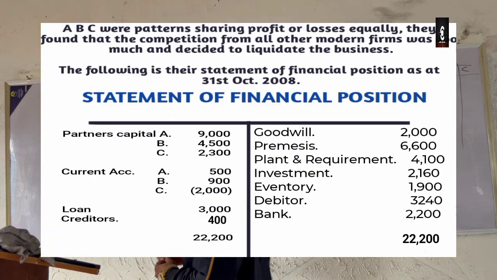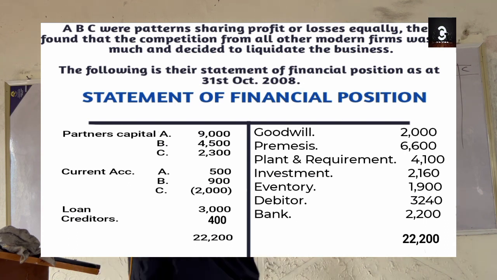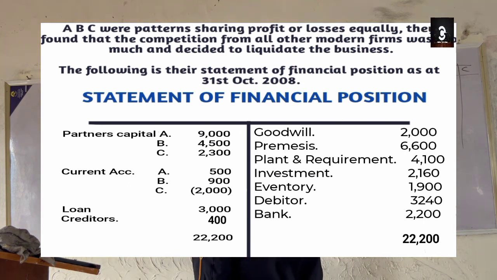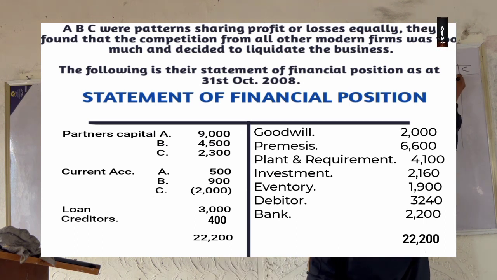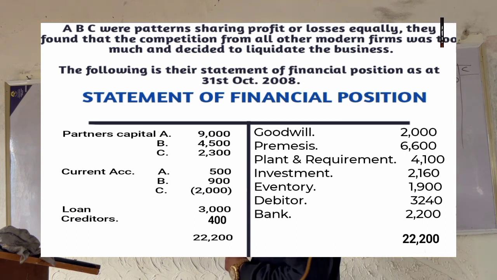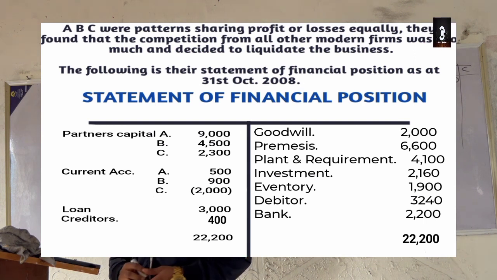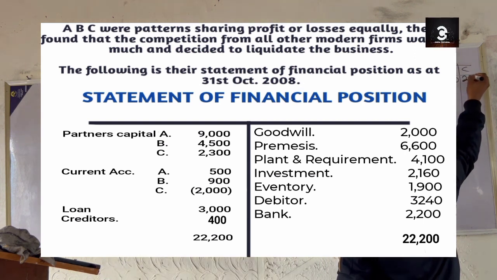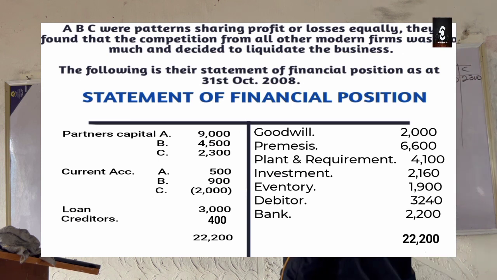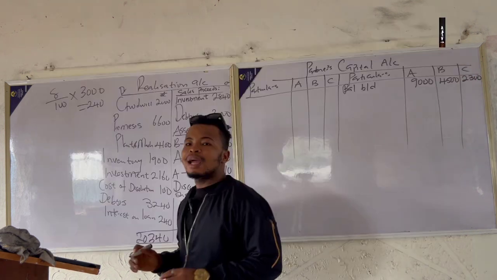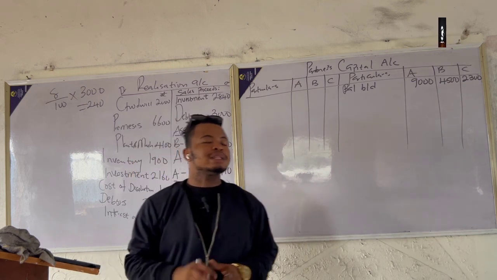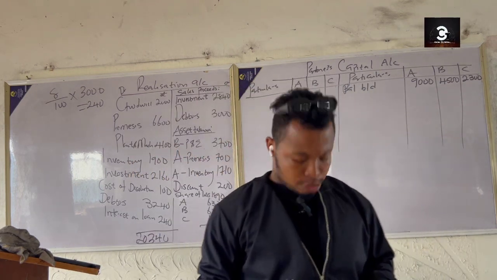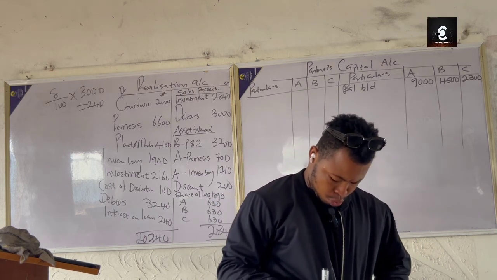From the question, we can see that A contributed 9,000, B contributed 4,500, and C contributed 2,300. Okay, when you have something like this, what next? What do they have in current account? What is their current account balance? This is actually a place to determine which partner is solvent and which partner is not solvent.